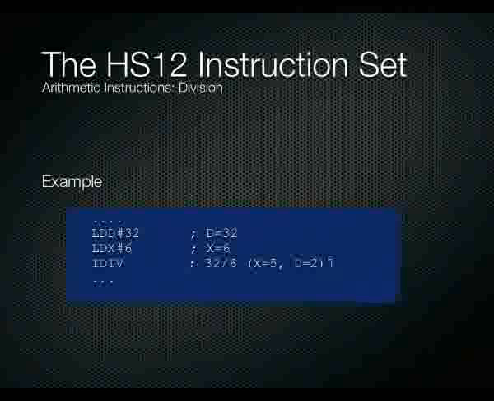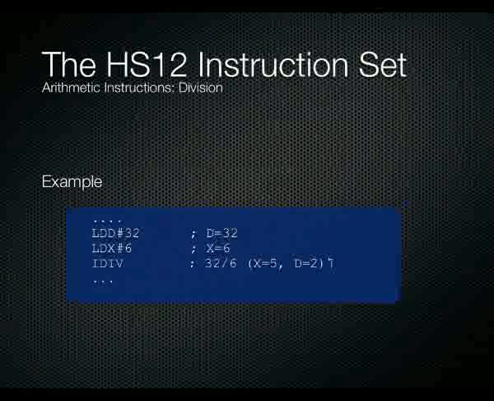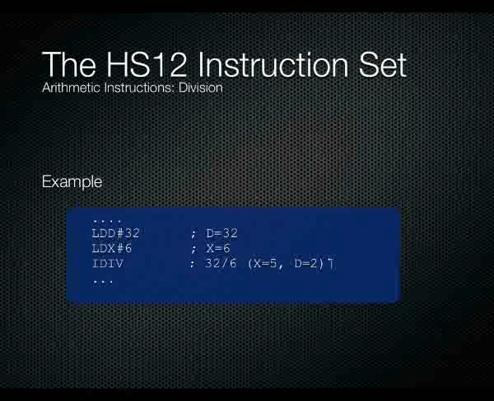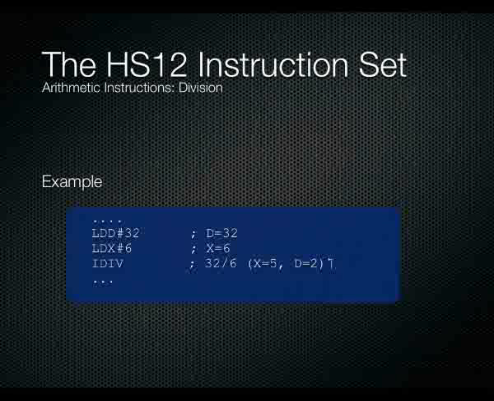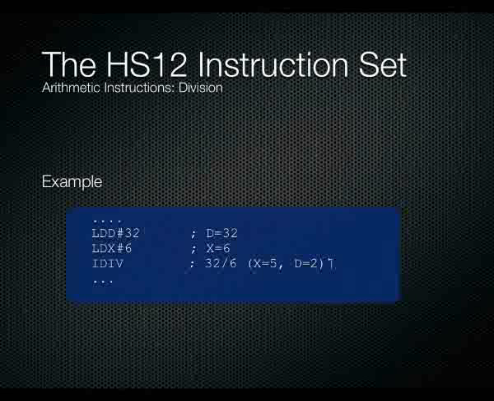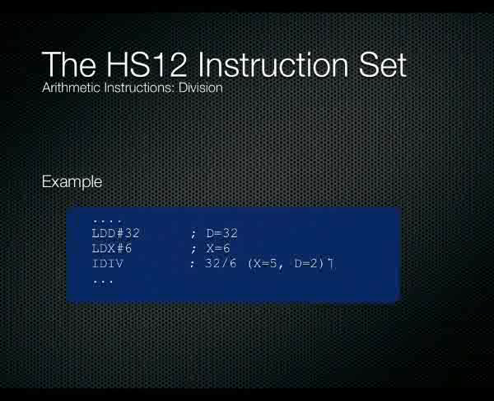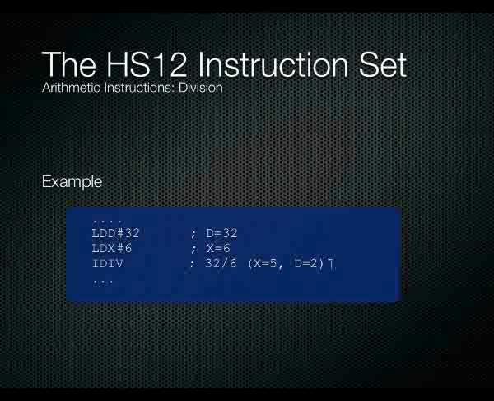So to give you an example, we simply load accumulator D with the value of 32. We then load X with the value of 6. So this is going to be 32 divided by 6. We run the IDIV command, and therefore what we will get in accumulator X is the result of 5, because 32 divided by 6 does give you 5, not a clean number of 5, but because this is an integer processor, we have no floating point, so therefore it'll give you back the value of 5, and give us the remainder of 2.